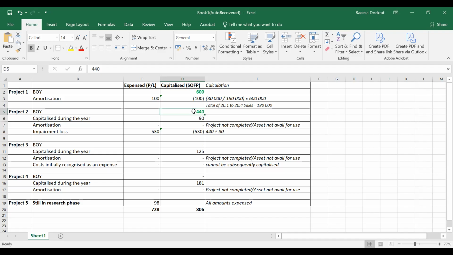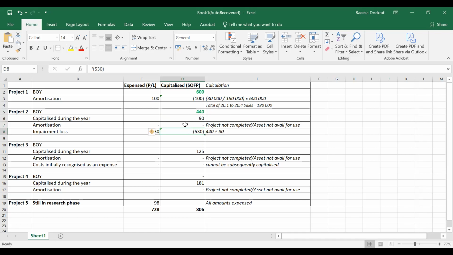And it tells us that the success of the project is unlikely. Okay, so during the year, they brought forward a balance of 440,000. They capitalized a further 90,000 to the asset. The project is not completed. It was considered to be highly probable, but it is not completed because of the release of the Sony product. So now we need to impair the cost of that asset.